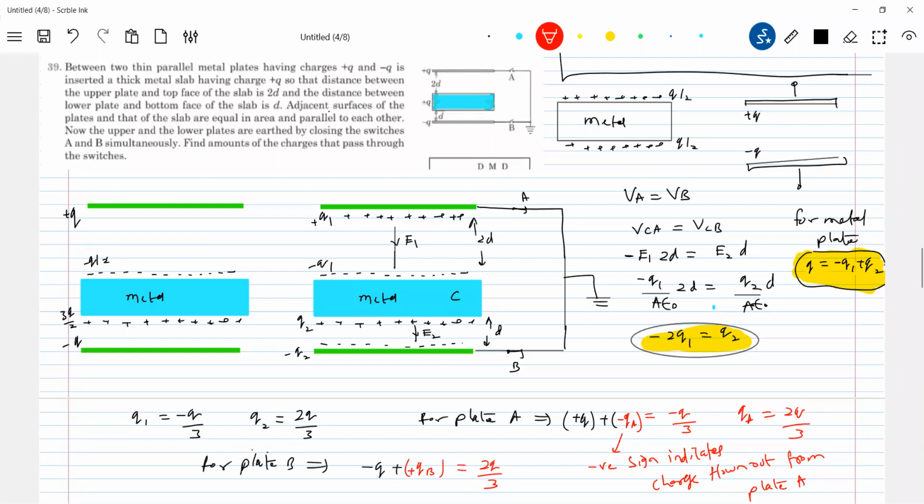Charge entered. I'm going to assume it. So 5Q by 3 charge will flow here. So like that, we can predict the flow. I just took the problem where the slab is already having some charge, which can be asked here. So direction of QA, you have to give like this, and the QB, you have to give in this direction.